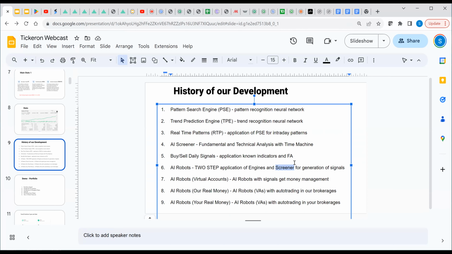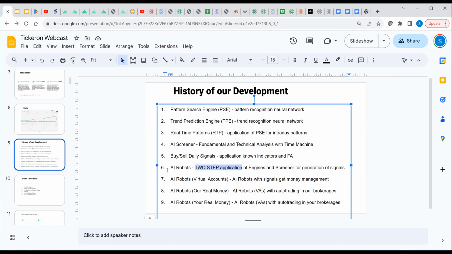We said, okay, we're going to select, let's say, best stocks to buy, right? And then we're going to use technical analysis to trade around this group of stocks, right? And that's where we developed a two-step application of a combination of a screener and our agent.